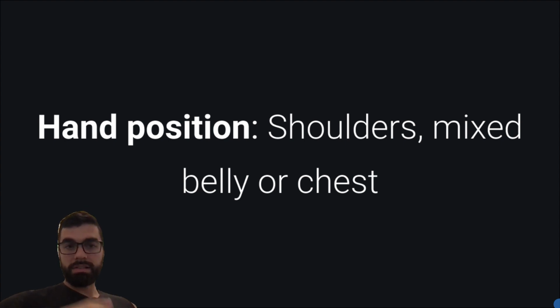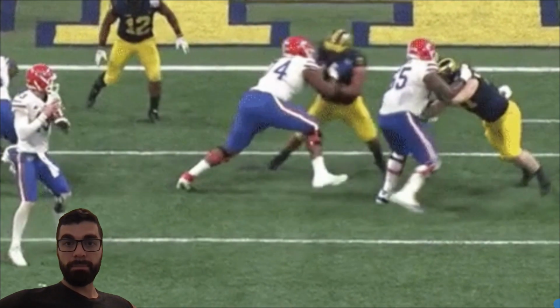Next subtype that you want to look at is hand position. And so that's the different places that the offensive lineman's hands will land on your body. So the different places will be shoulders, mixed, belly, or chest. So here's an example.